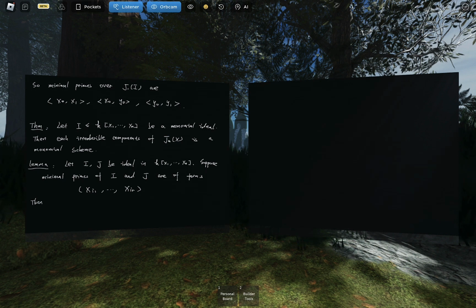So each is generated by some subset of the x.